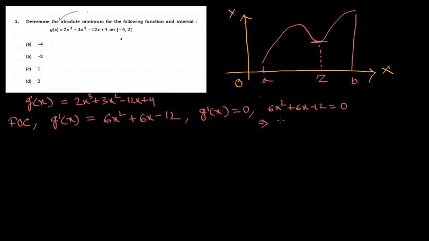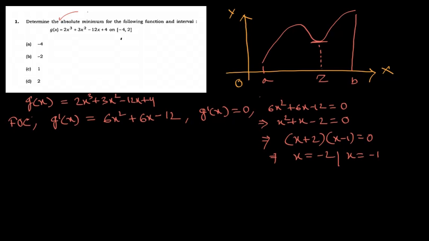Simplifying it, x square plus x minus 2 equal to 0. Factorizing it, it becomes (x plus 2) into (x minus 1) equal to 0. Now our two stationary points, x is equal to minus 2 and x is equal to 1. So those two are stationary points.